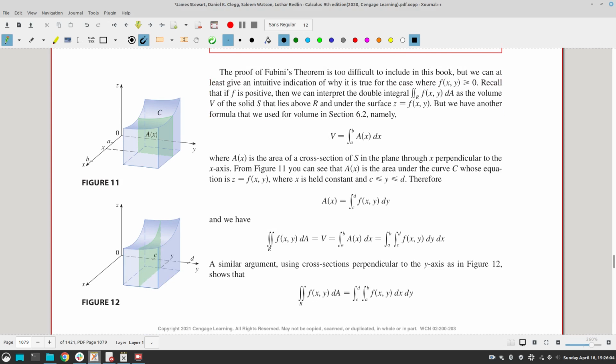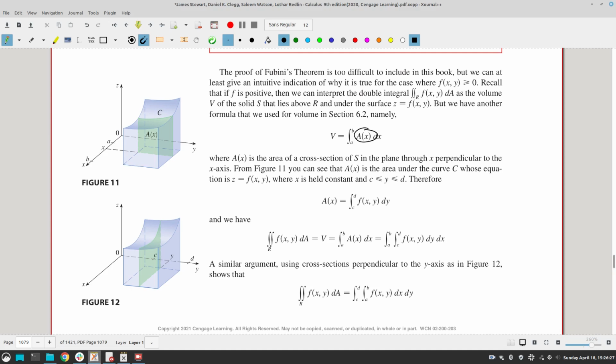The curve C, whose equation is z equals f(x,y), where x is held constant and y is between c and d. This area is actually equal to the area underneath the curve.